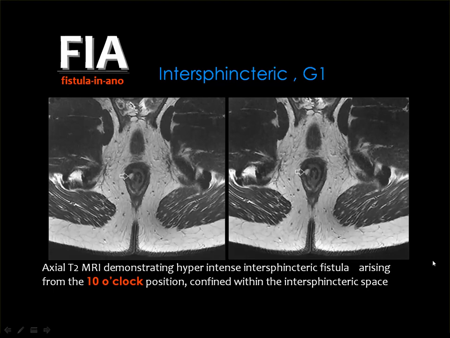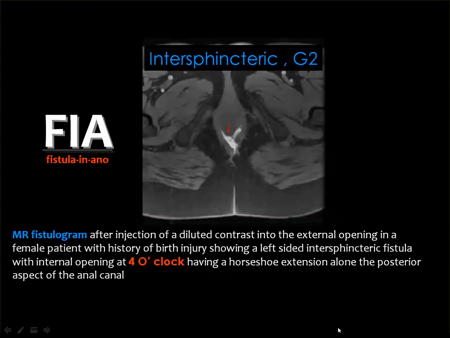Then you say that the internal opening is at about 10 o'clock position, and you do not mention the external opening using the anal clock. But after you identify the internal and external openings and the relation of the fistula to the sphincters, go to the coronal T2 weighted image so that you can see the track of the fistula and you measure the distance between the internal and the external opening.